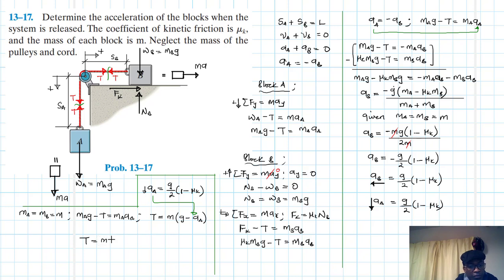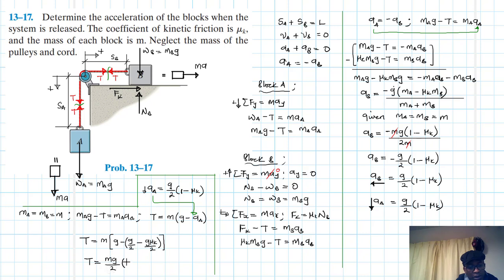Then we have g minus g divided by 2, okay, minus g mu_k divided by 2. Okay, and therefore our T just becomes equal to mg divided by 2.